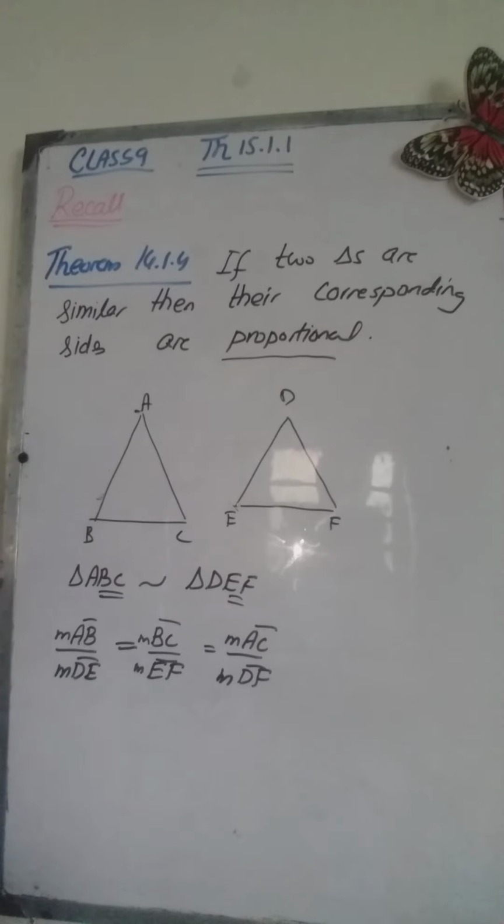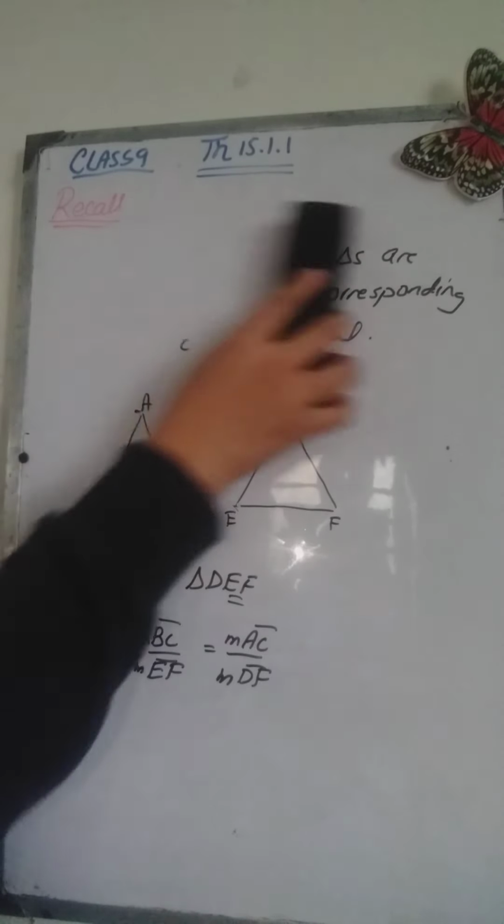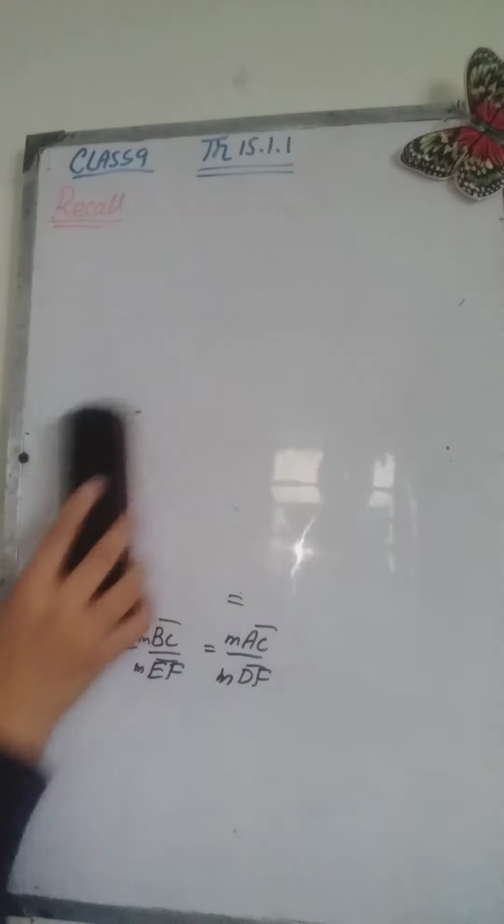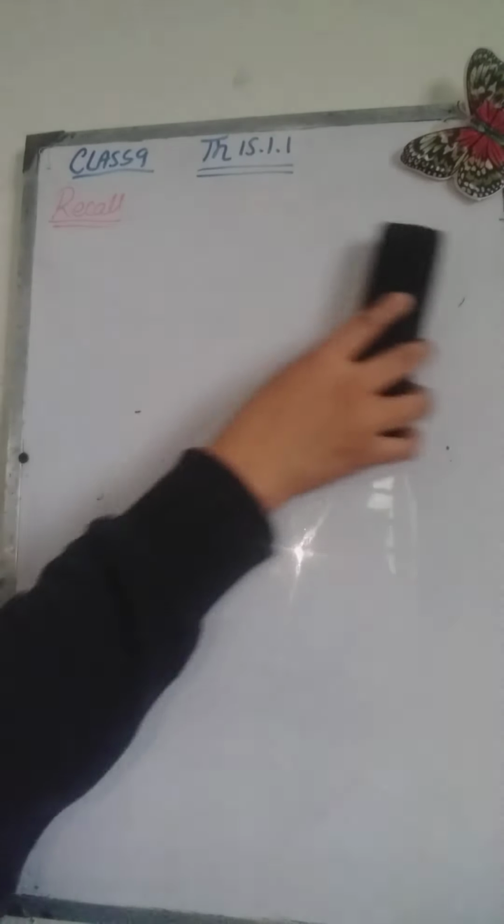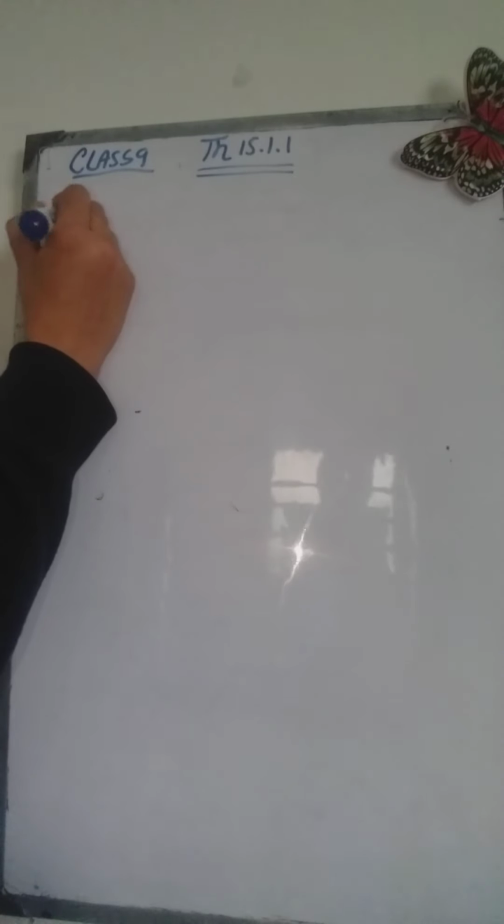So let's start theorem 15.1.1, which is the famous Pythagoras theorem. This is also called Pythagoras theorem, as you already have studied the statement. Today we are going to find how to prove this theorem.